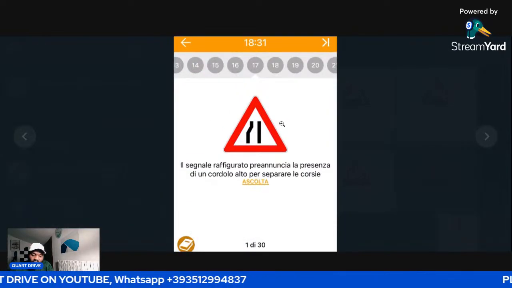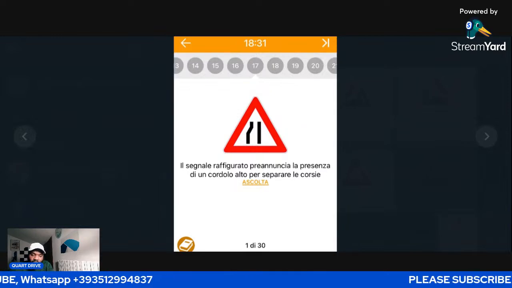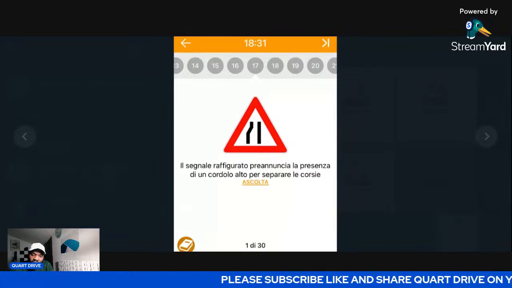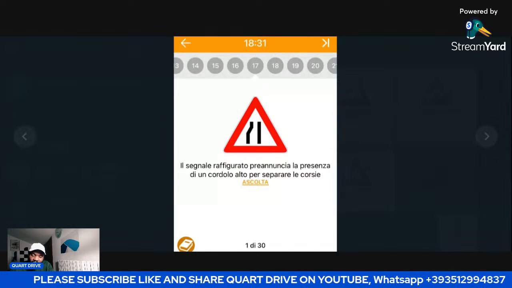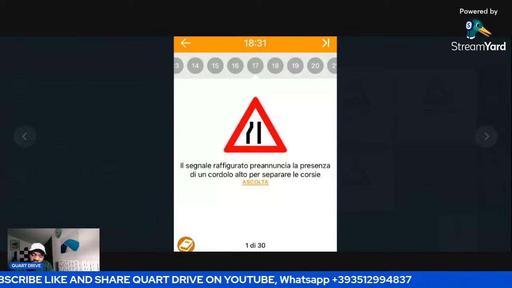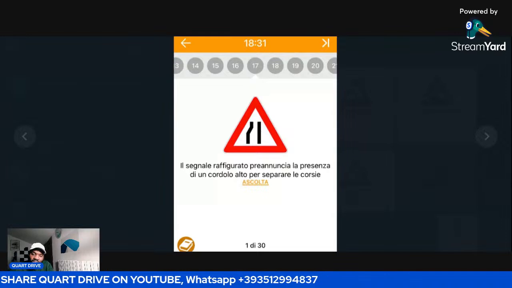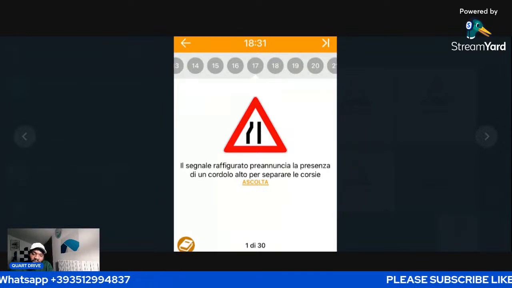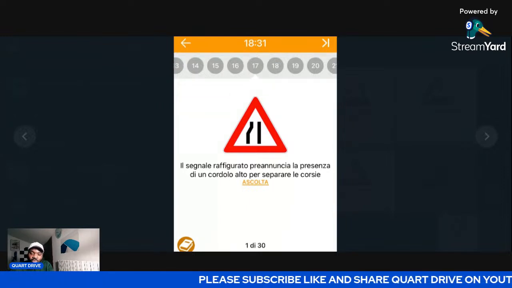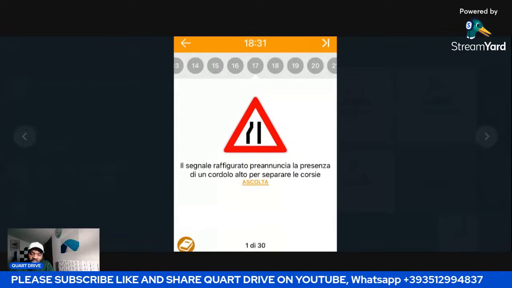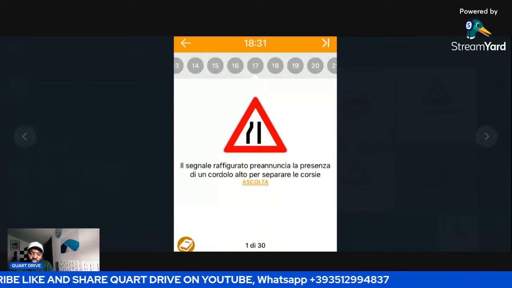The 18th question is saying that il segnale raffigurato annuncia la presenza di uno cordolo alto per separare la corsia. This one is divisione di strada. They normally place this sign to tell you that the road is going to be closed from one side to the other, that means it is going to be straighter, going to be small.